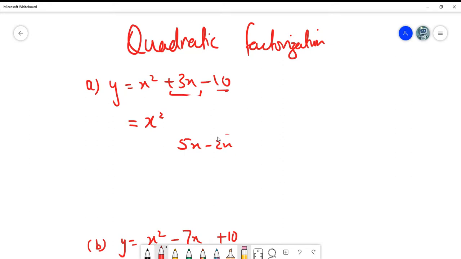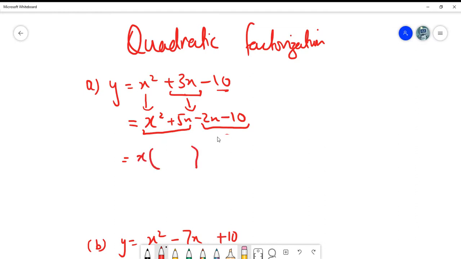So we can write x squared as it is and plus 5x minus 2x as a replacement for 3x, followed by minus 10. Once we have broken the middle term accordingly, we need to make pairs and then take common elements from these two pairs. So x squared plus 5x will have x common in it.